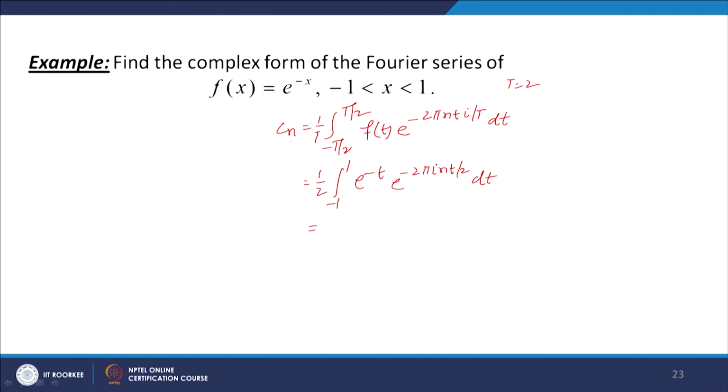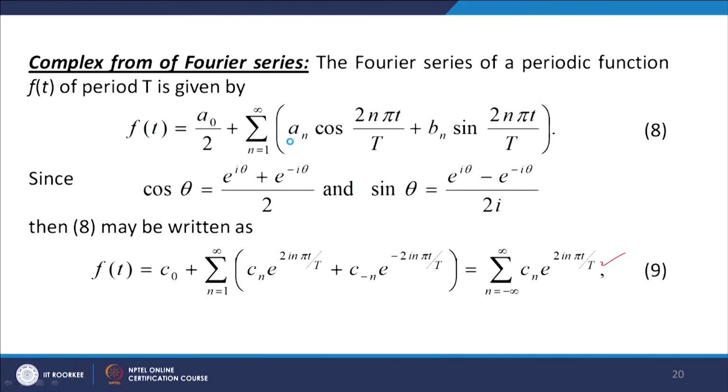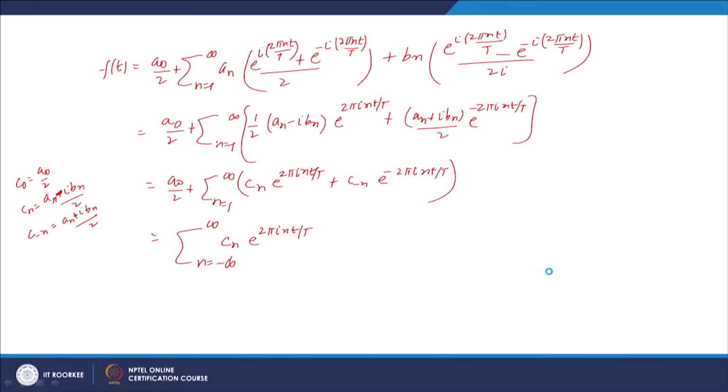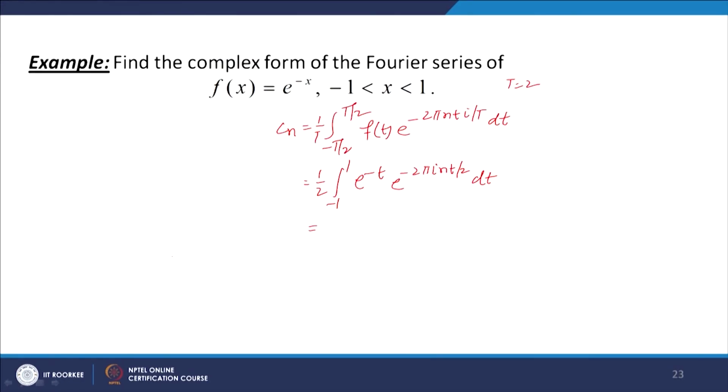The complex form of the Fourier series is this one, sigma n equal to minus infinity to infinity C n e to the power 2 pi i n t by T. So, when you integrate by parts, okay, we will get this e to the power minus t and e to the power minus 2 pi i, or we can write it like this.